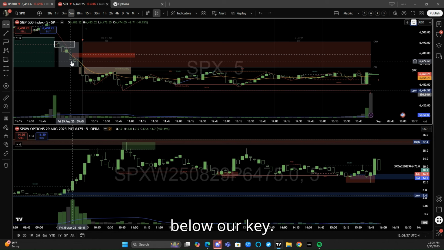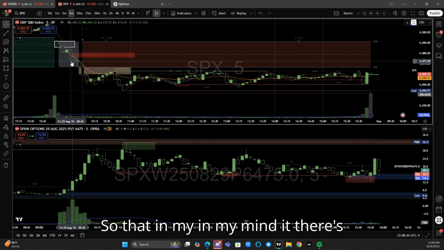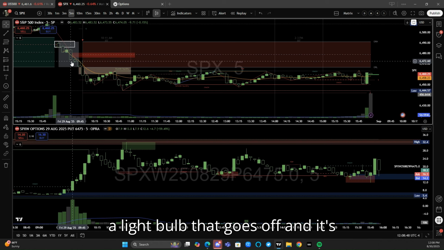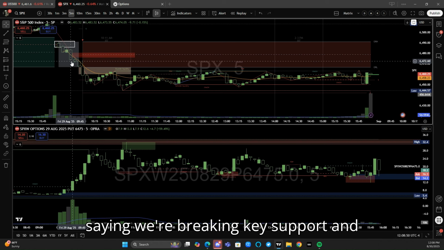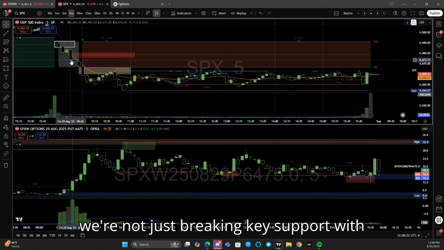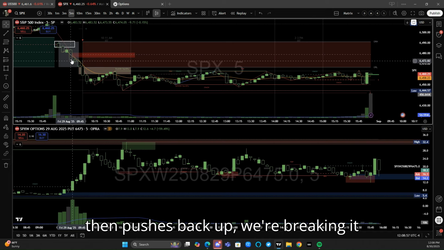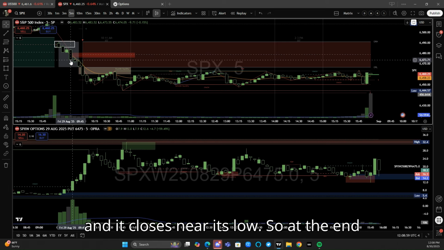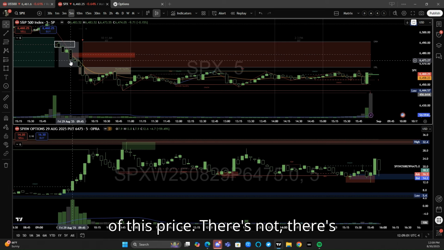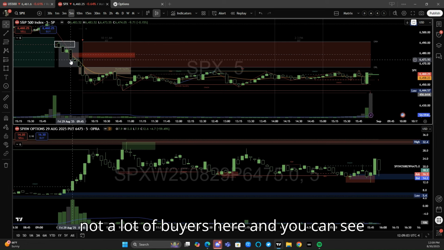It closes below our key support level of 6477. In my mind, a light bulb goes off saying we're breaking key support. And we're not just breaking key support with a candle that flushes down and then pushes back up. We're breaking it and it closes near its low. So at the end of this price action, there's not a lot of buyers here.